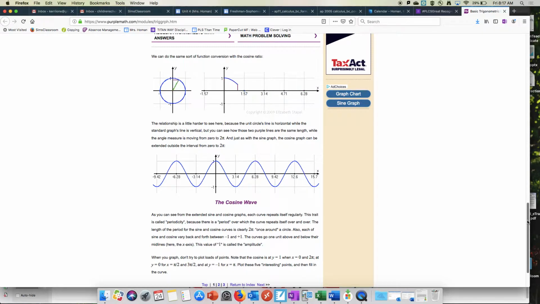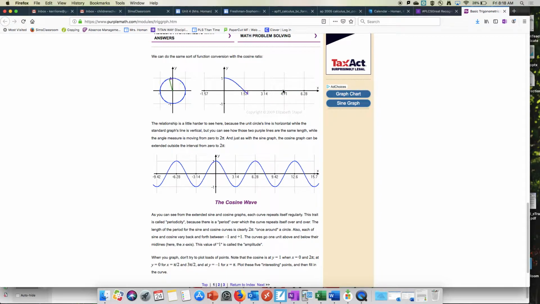The cosine of 0 is 1, the cosine of pi over 2 is 0, the cosine of pi is negative 1, so there's that coordinate right there. The cosine of 3 pi over 2 is 0, and then the cosine of 2 pi, we're back to 1.